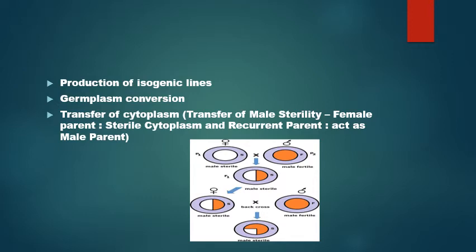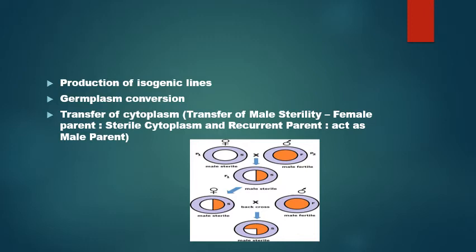Next is transfer of cytoplasm. The backcross method is used to transfer cytoplasm from one variety or species to another, particularly to produce cytoplasmic male sterility. Here the male sterile cytoplasm which is to be transferred is used as the female parent, and the recurrent parent to which this cytoplasm is to be transferred is used as the male parent.